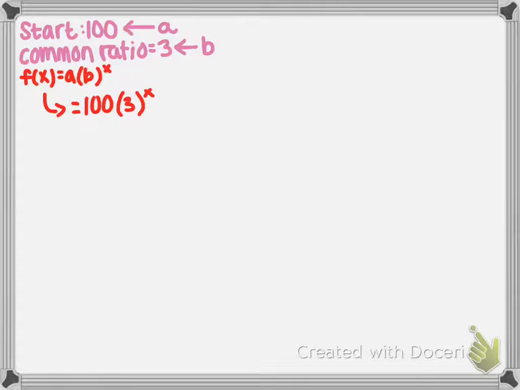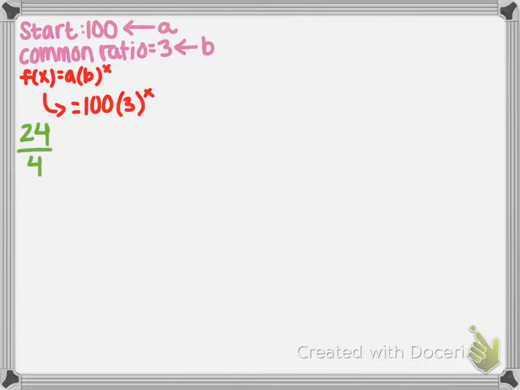So for the next part of the problem, it asks how many will there be in 24 hours? So this function works when it triples every 4 hours. So if we want to figure out how many increments of time we're counting, we want 24 hours, but they only triple every 4.